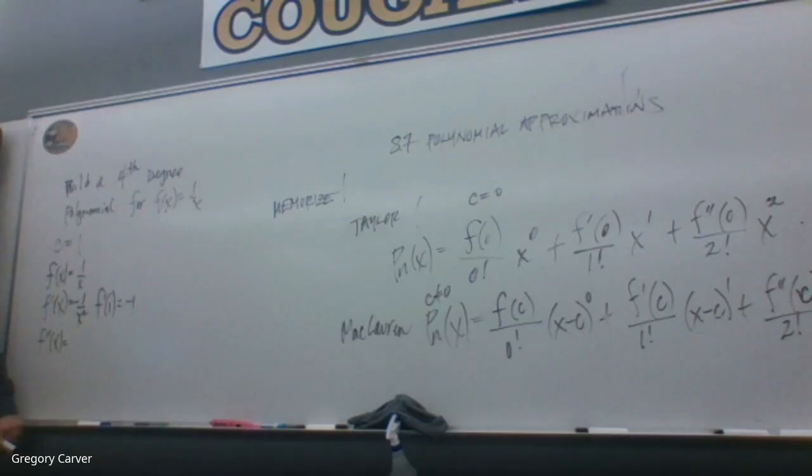I think it's 2 over x cubed. Yeah, positive 2 over x cubed. You guys agree? So f double prime of 1 is equal to 2. f triple prime of x is going to be negative 6 over x to the fourth.